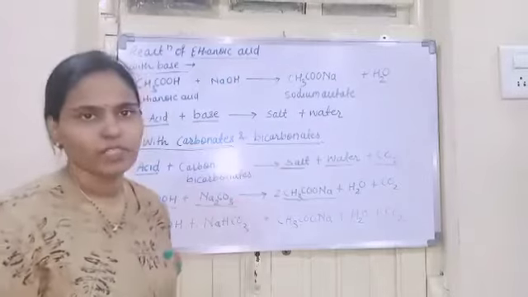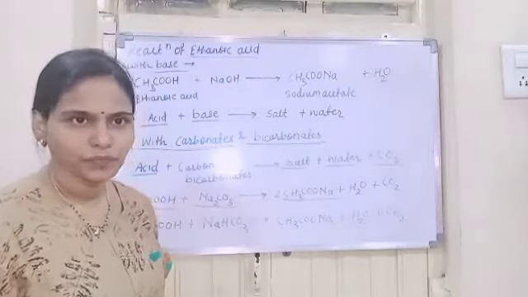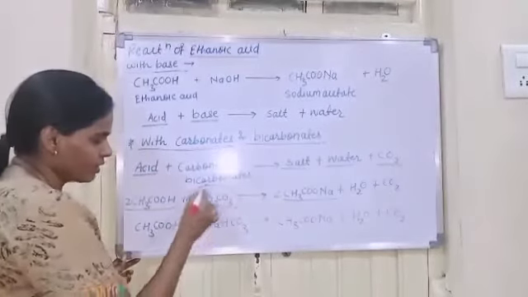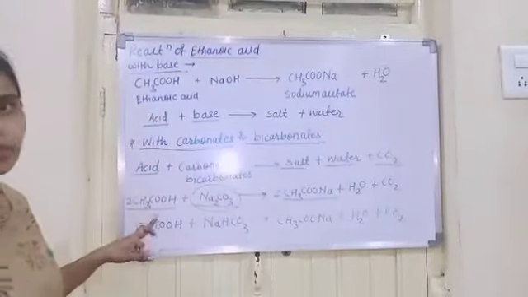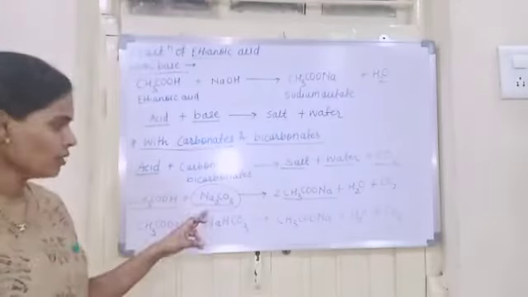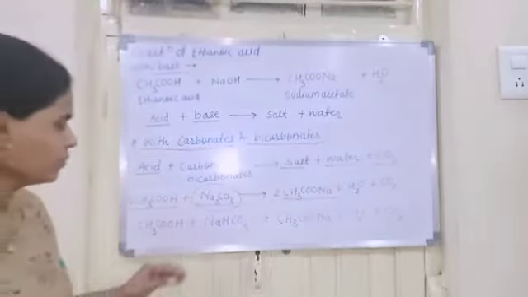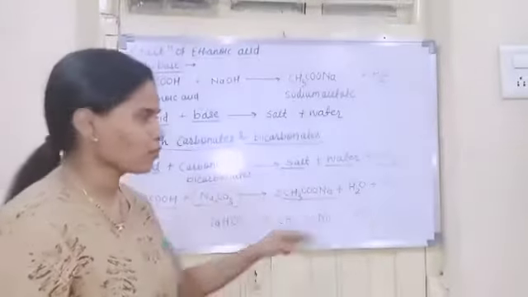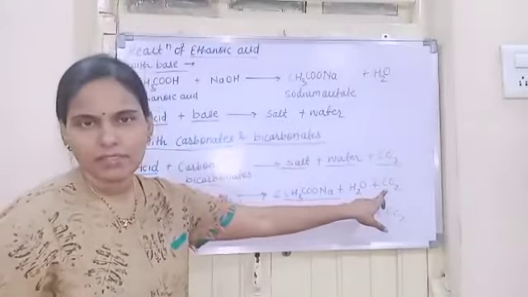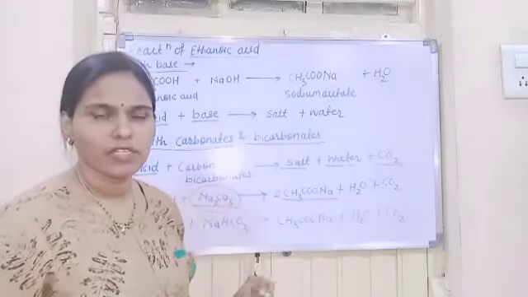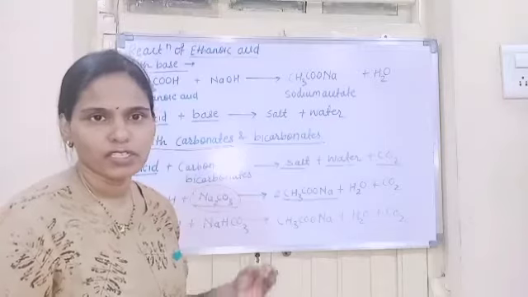This is given in your textbook in the activity form. When sodium carbonate is treated with dilute ethanoic acid, a gas is produced. If you pass this gas through lime water, then lime water turns milky.